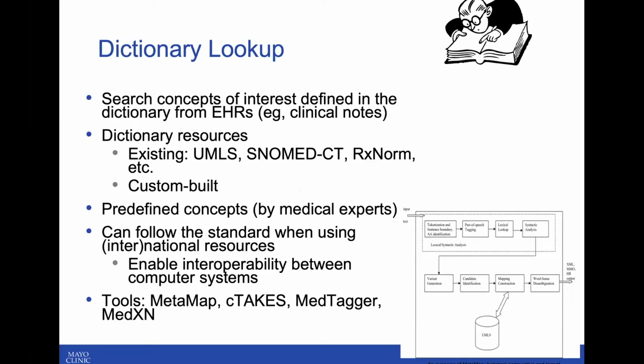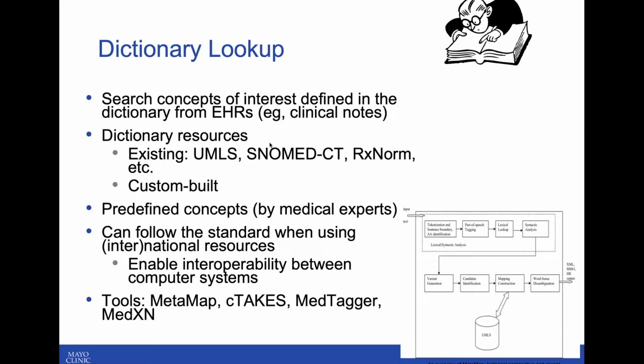The first is dictionary lookup. Dictionary lookup is to search the EHR for concepts of interest defined in the dictionary. Then what is a dictionary? The dictionary can be national resources, such as the UMLS, the Unified Medical Language System, that contains comprehensive medical and clinical terms.